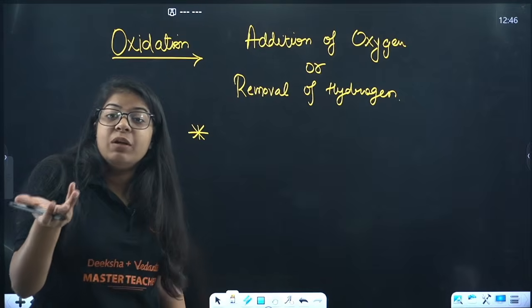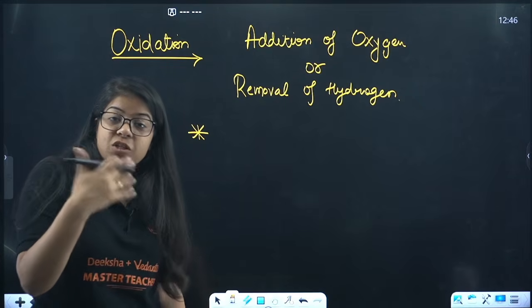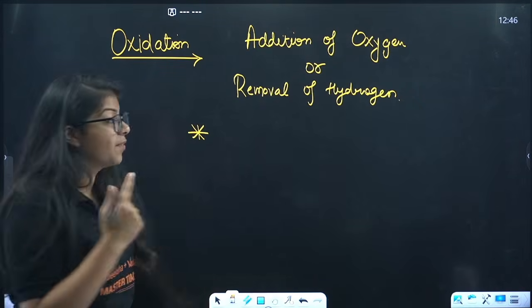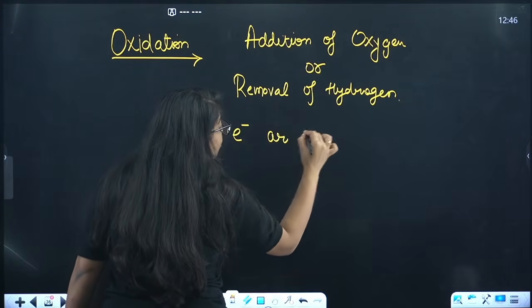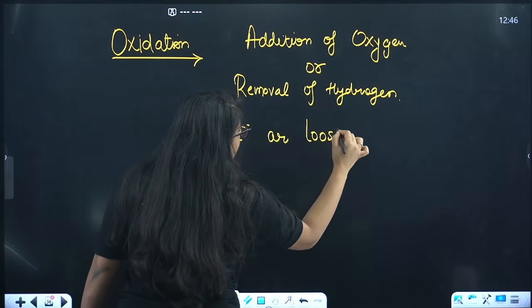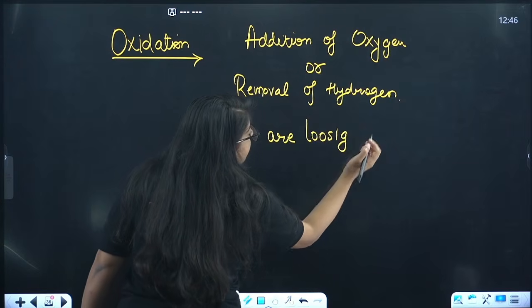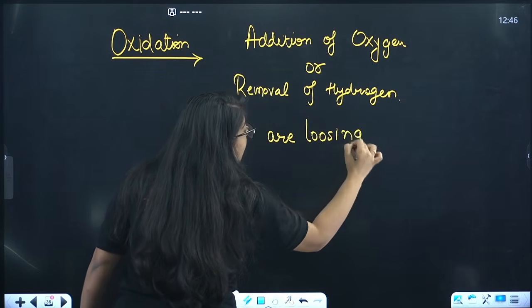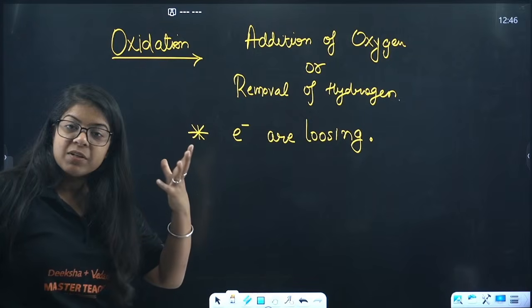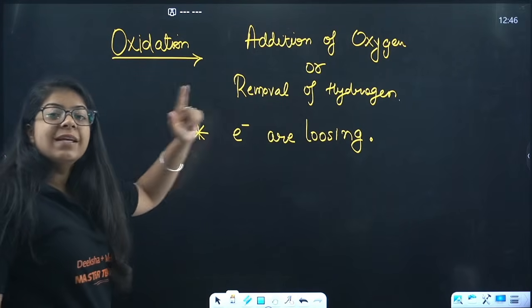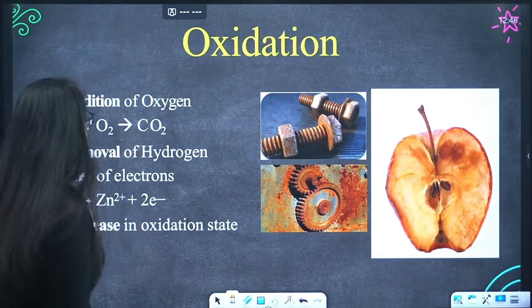So then what will we see? How will we identify oxidation or reduction? We will see that whenever electrons are lost from that particular atom, loss of electron happens. That is also oxidation. Let's come back to it.